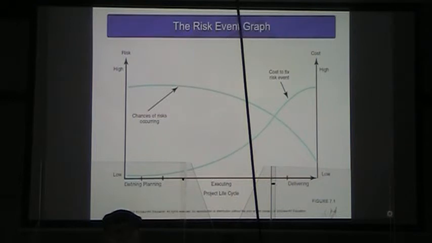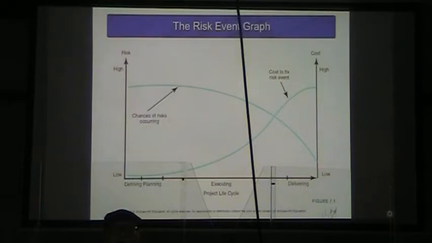All right, so this is kind of an illustration of what happens within risk. The earlier in the process, the higher the risk is of occurring, right? But over time, that is going to go down as the project progresses and we get through the delivery phase of it.